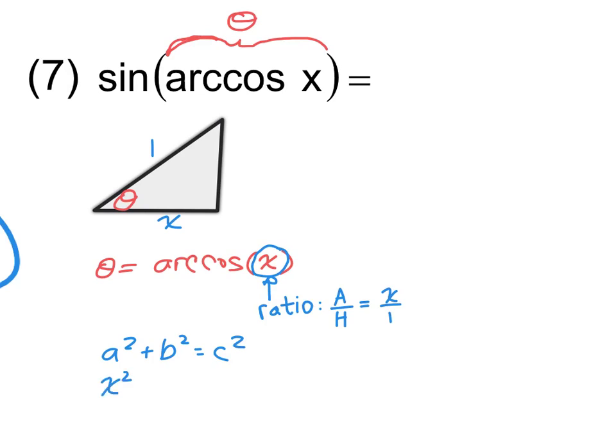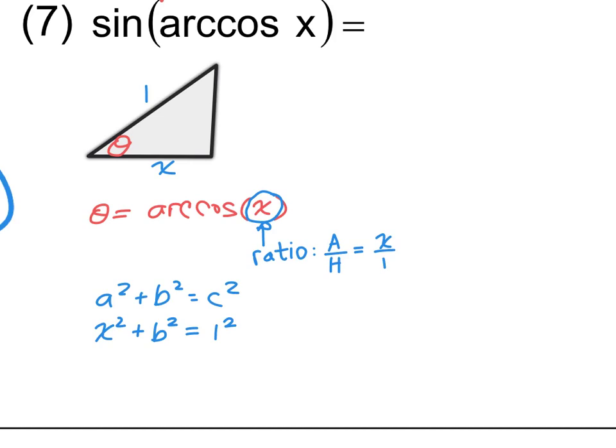We'll just say x squared plus b squared is equal to 1 squared. b squared would be 1 minus x squared, making the b value the principal square root, or the positive square root, of 1 minus x squared.